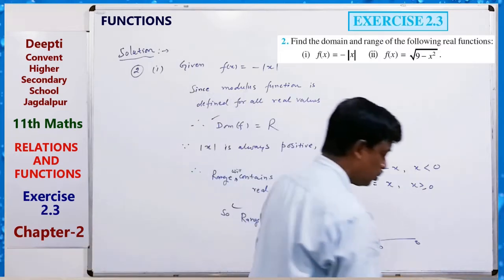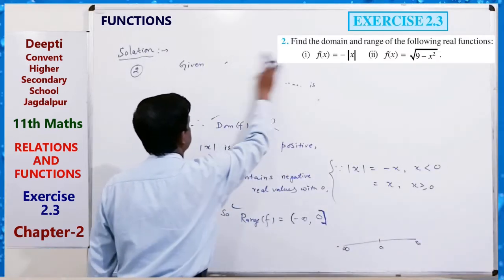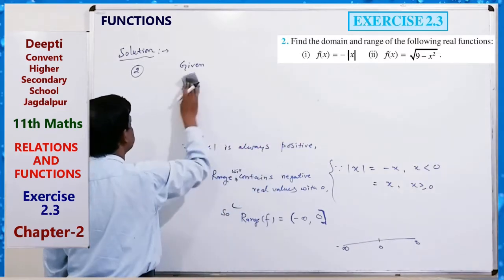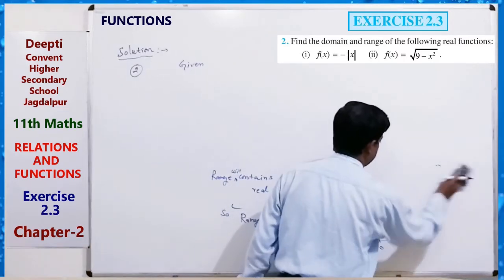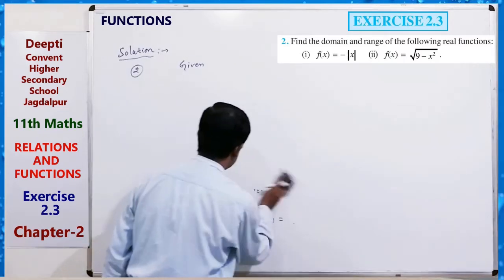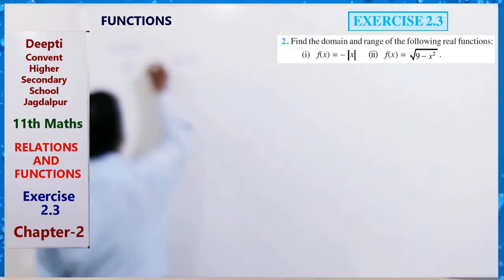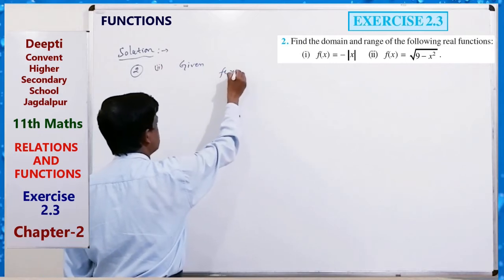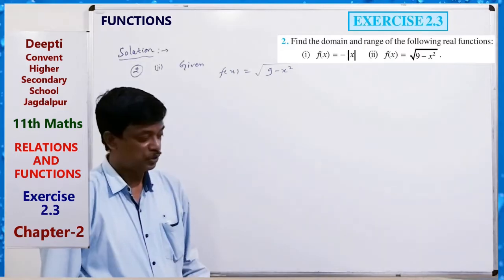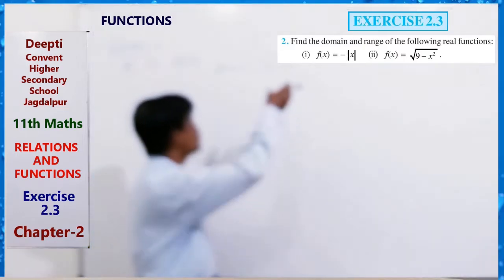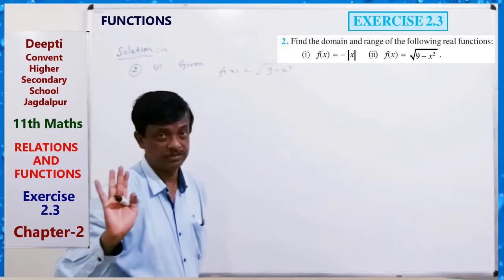Similarly, second question: f(x) equals root of 9 minus x square. We know that the quantity under the square root should be positive for real values.